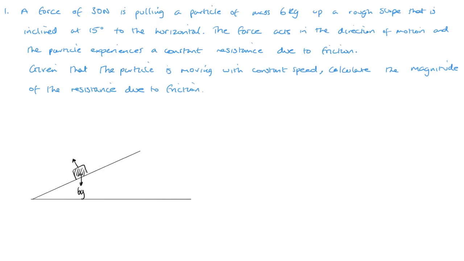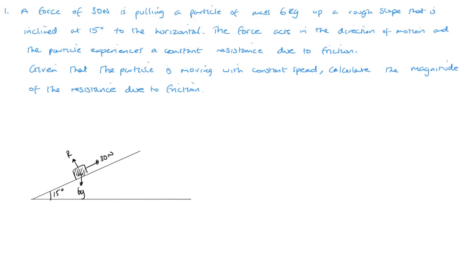A 30 Newton force is pulling the particle up the slope. So that means this is a 30 Newton force and it's inclined at 15 degrees. The force acts in the direction of motion. It's just pulling it up the slope. The force of 30 newtons is pulling a particle up the slope, so it's moving up the slope.